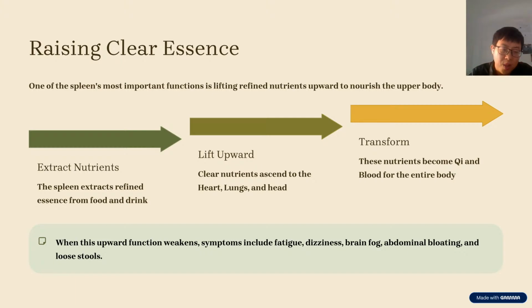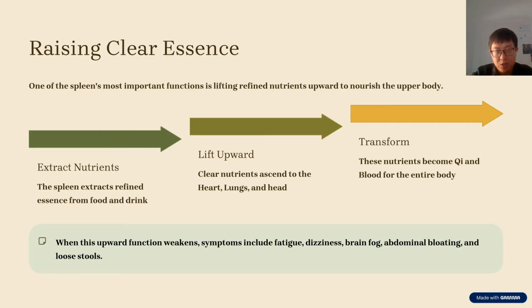If the spleen energy is weak or obstructed by dampness, this ascending function will be damaged. As a result, nutrient distribution becomes disordered. Energy and blood production is reduced or inefficient.